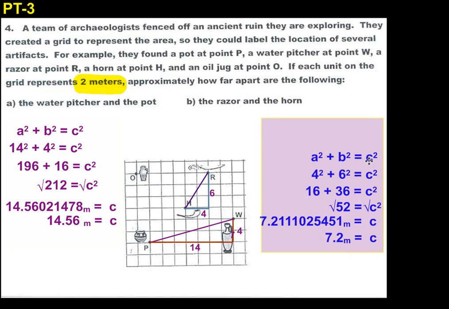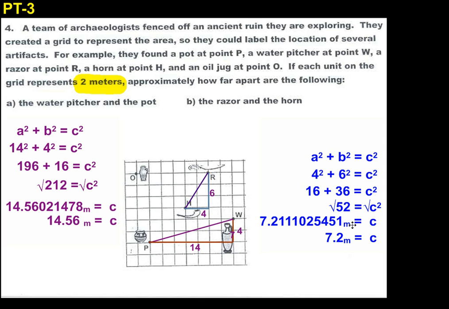So a squared plus b squared equals c squared. We have both legs. 4 squared plus 6 squared equals c squared. So we have 4 squared as 16, 6 squared as 36 equals c squared. Square root of 52 equals square root of c squared, which is going to cancel out.